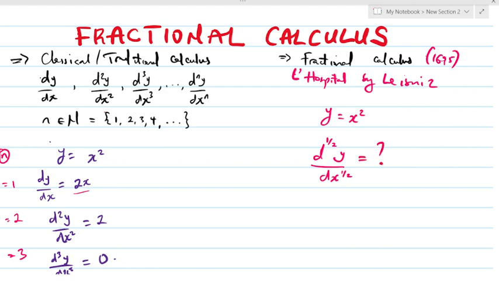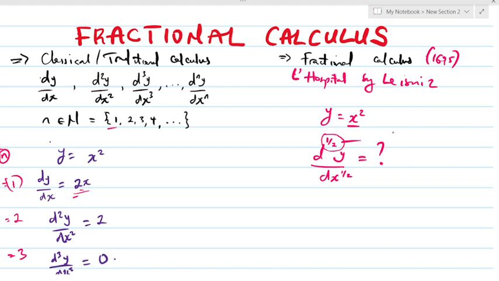So what will be the result? So can you give it a try? If y is equals to x squared, and now we know that dy over dx equals 2x, we differentiate this. But what now happens if our derivative order is not a natural number, is now a fraction?